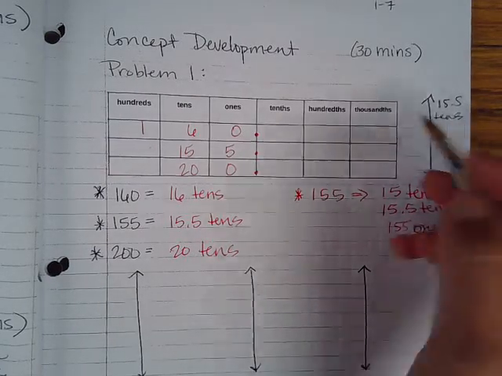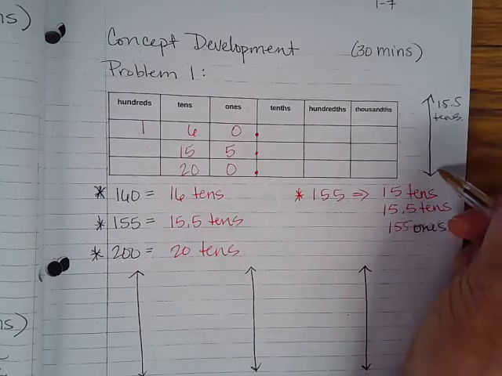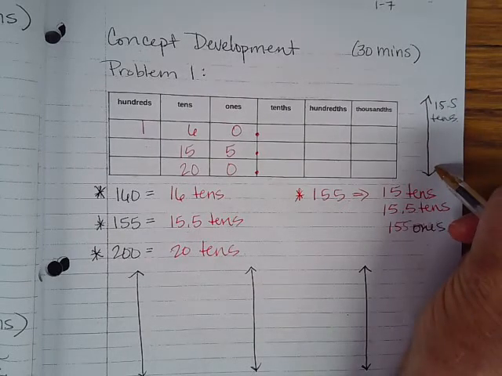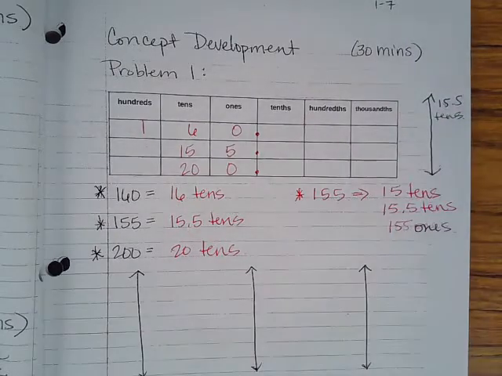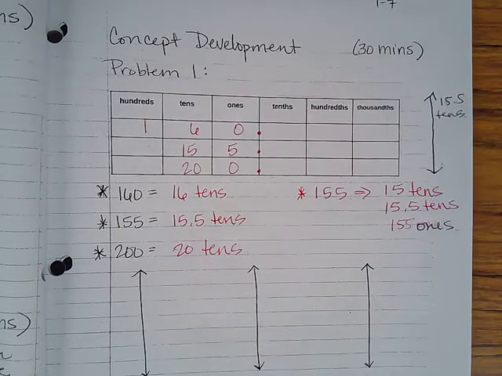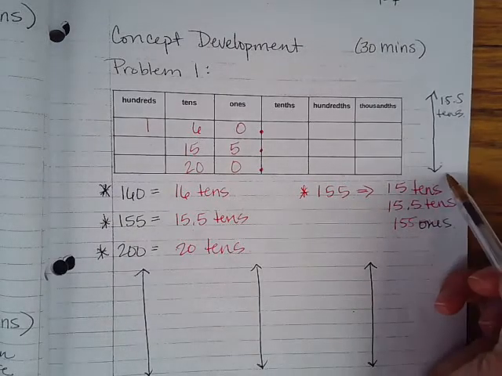I want you to just take a look at this. What would be on the other side of 15.5? Based on some of the midpoint applications we were doing, what would be on the other side of 15.5?